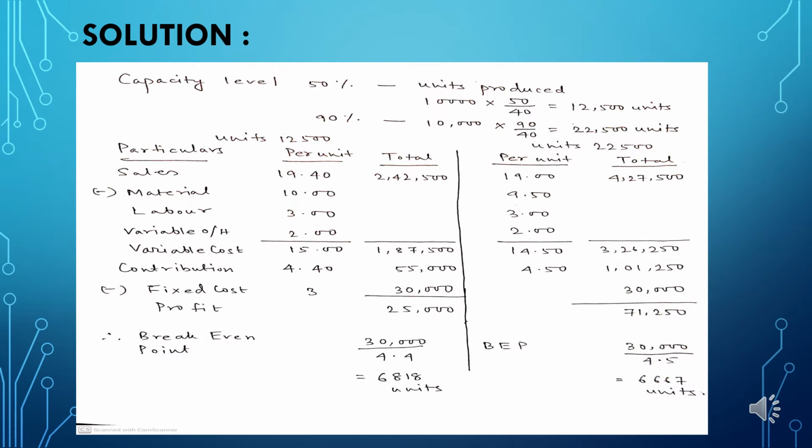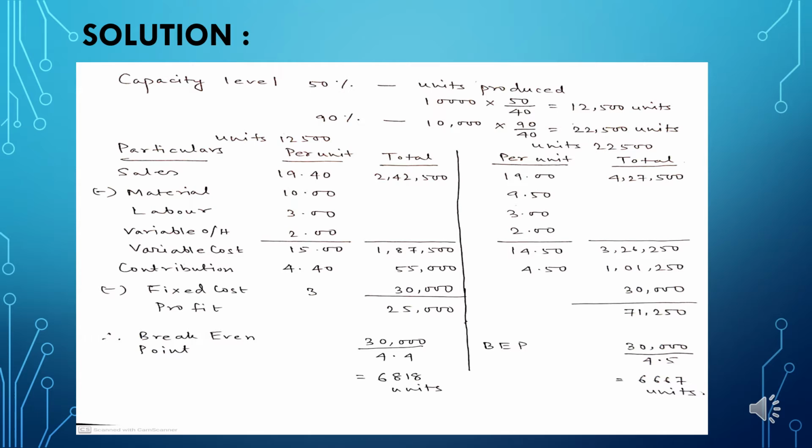So when we transfer the values from 40% capacity to the respective 50 and 90, we get the units produced as 12,500 and 22,500. The workings have been shown in the PPT.